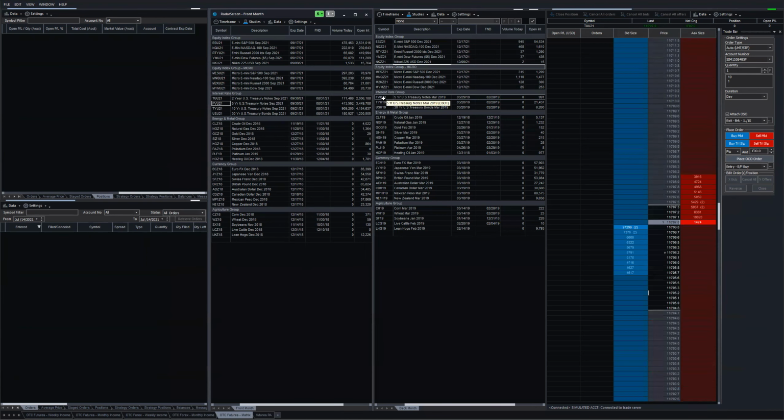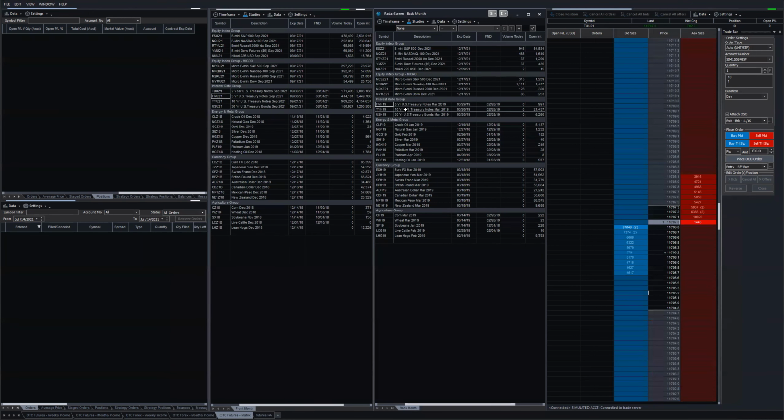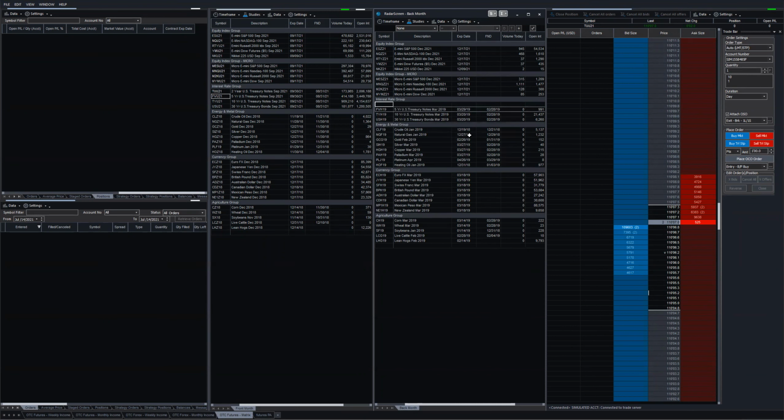Right? So now we do the same stuff here, data, add blank row. TU, what is it here now? What did we say? TU, it's December, right? TU Z21, right?